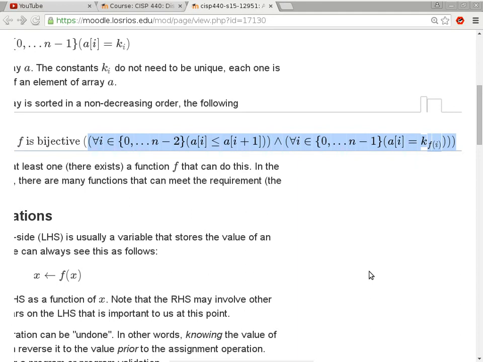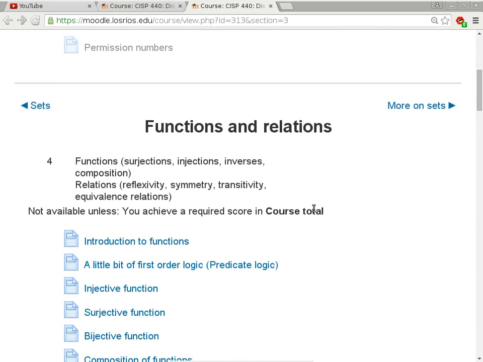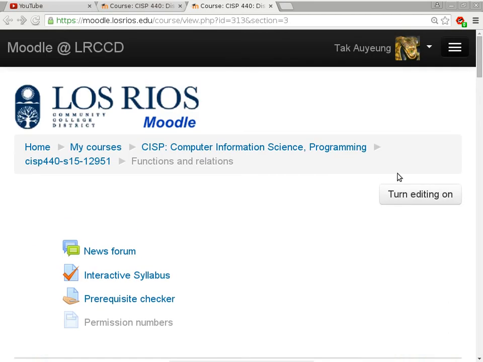Yep. Another question? The home rule, I can't go into a function. Yeah, Chris just mentioned that. So I'm gonna make sure that it's released. Okay. And let's go back here. I picked the wrong requirement to meet in order to open it. So let's turn on editing.